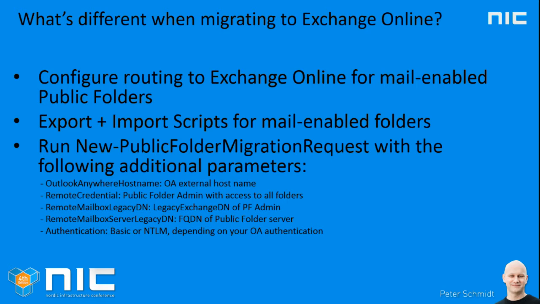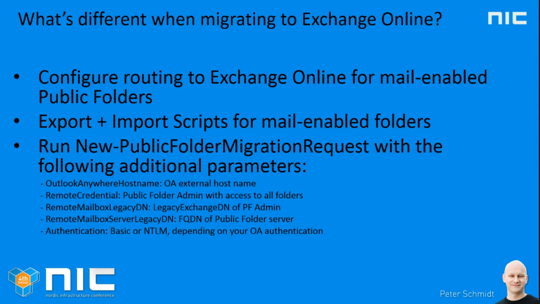And then you need to add additional parameters here. It's the same migration request you do on-prem as you do online, but with a few additional parameters for the online part. Because here you need to tell Exchange Online where to get your public folder content from.